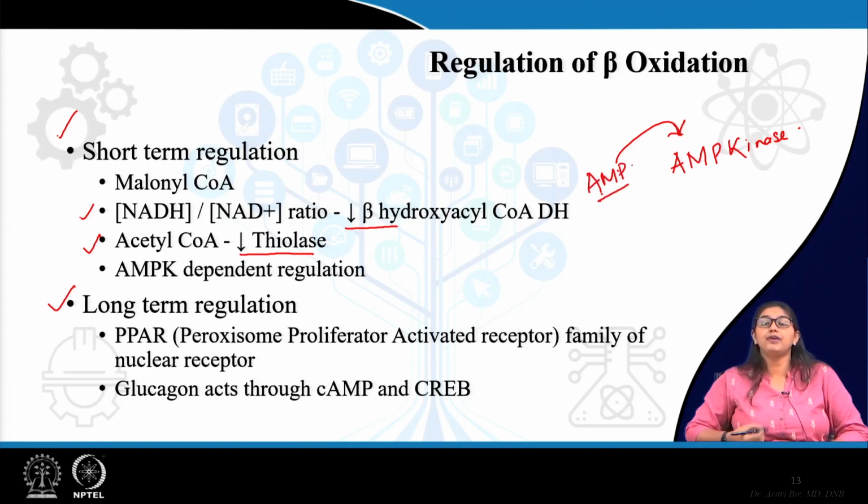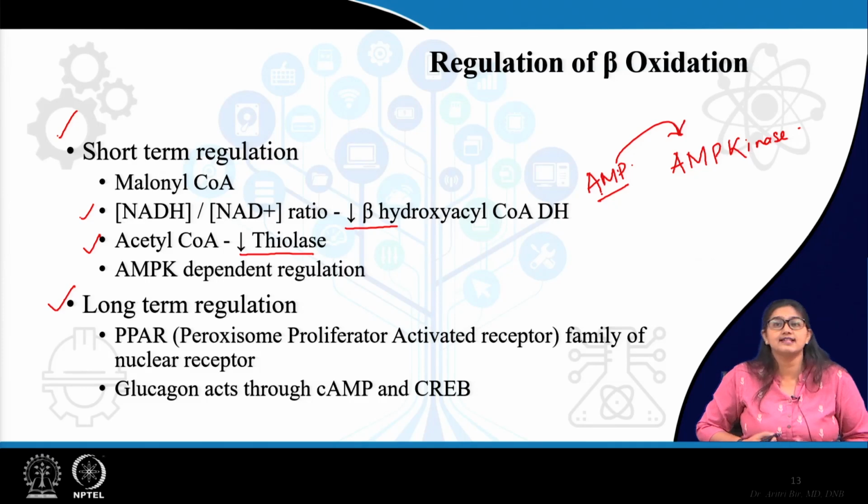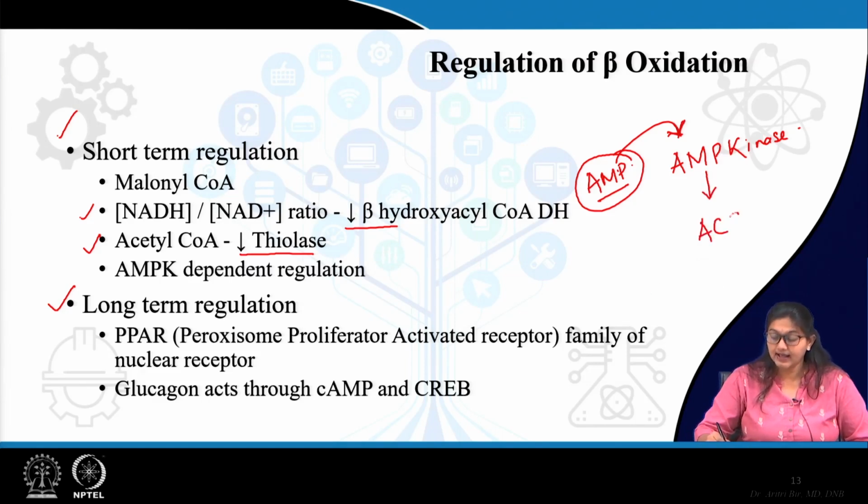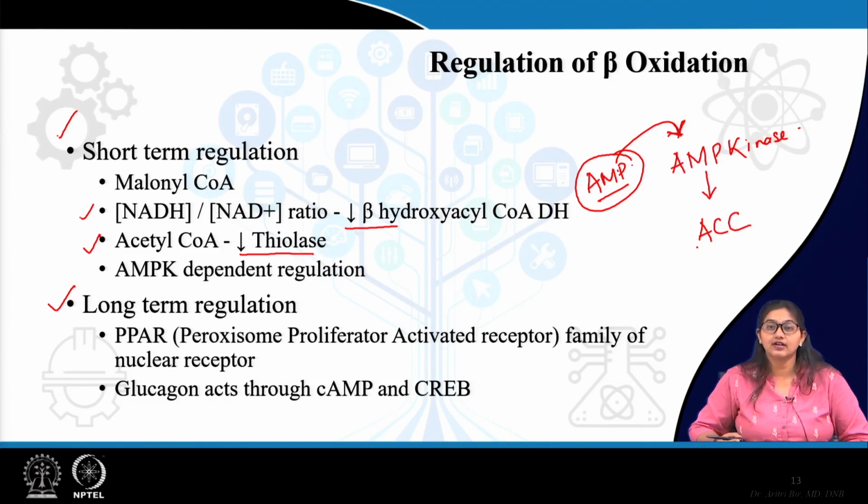Remember, AMP is produced when there is ATP breakdown, when there is excess exercise, starvation, or high energy utilization in our body, leading to ATP breakdown and formation of AMP. AMP activates AMP dependent protein kinase, AMPK. AMPK causes phosphorylation of acetyl coenzyme carboxylase, and acetyl coenzyme carboxylase is inactivated.